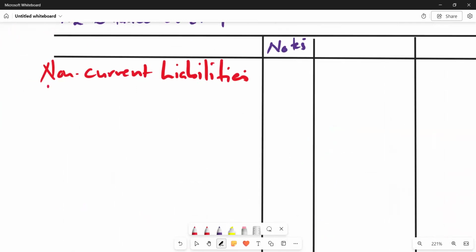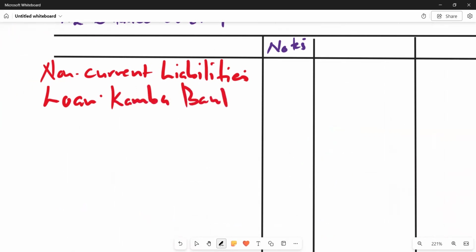So we're just going to have our loan, and it's only one that we have in the question. So we say loan, Kamba Bank. Loan Kamba Bank, and the figure that we have for loan is 22,160.